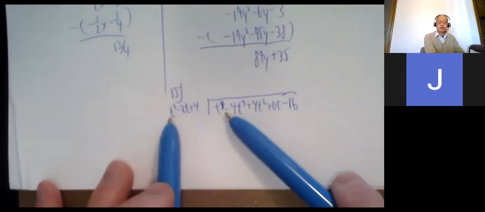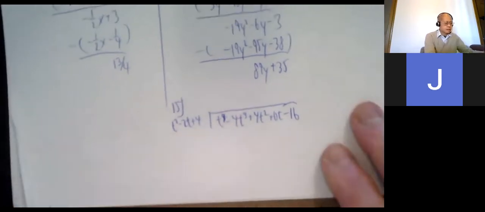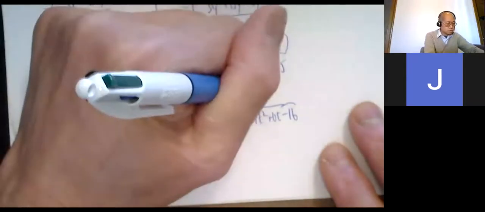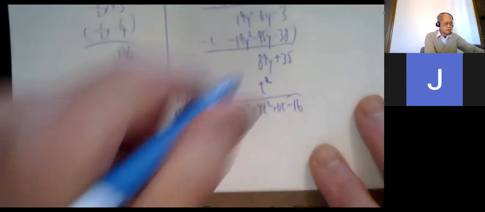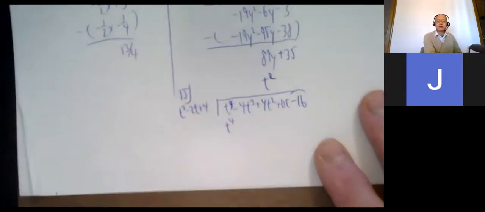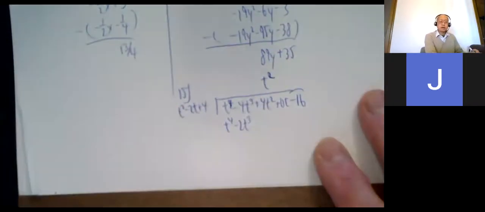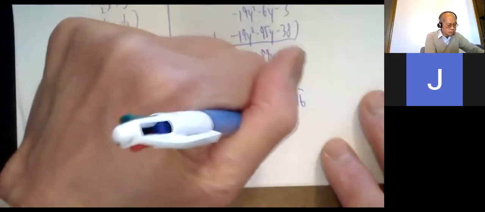All right, how do I go from here to here? T squared to t to the fourth, t squared. Now t squared times that whole thing, t squared times t squared. T squared times negative 2t is a negative 2t cubed. T squared times 4 is 4t squared.